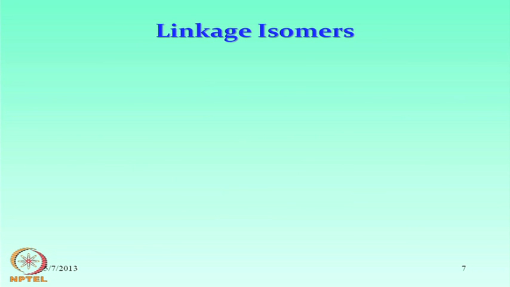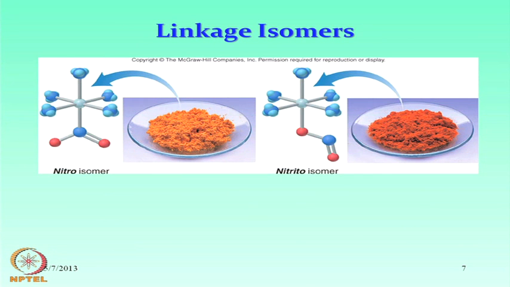So, that gives the linkage isomerism, and we can have two isomers. When it is bound through nitrogen we call it the nitro isomer, which is a little bit yellowish red, light red in color.